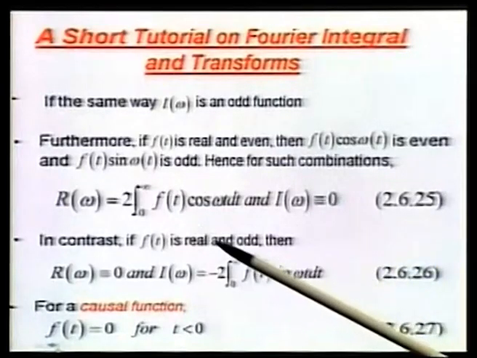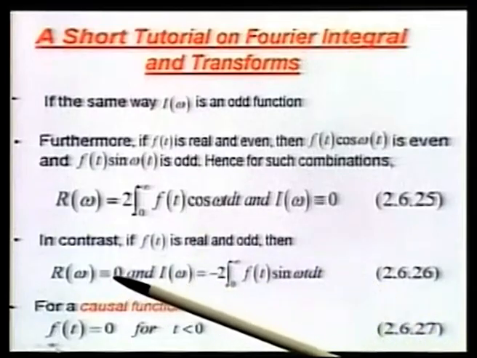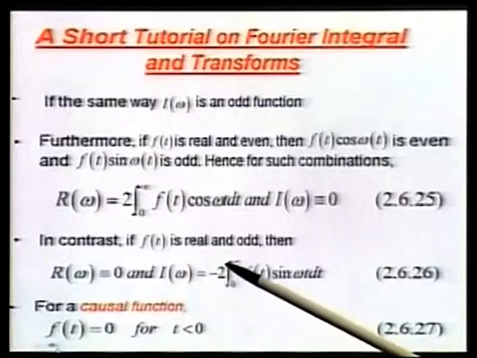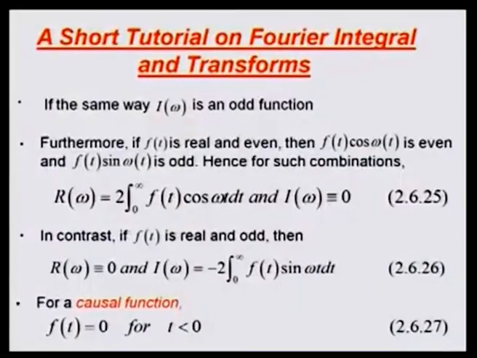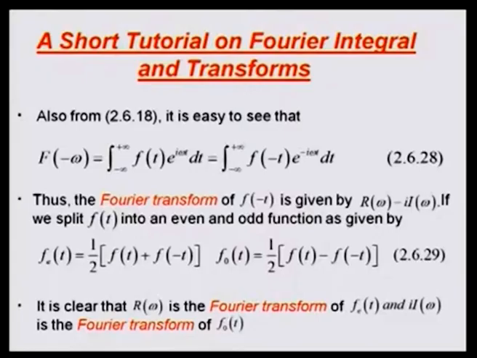In contrast, if f of t is real and odd, then I have the complementary picture: R of omega will be 0, and I of omega will be given in terms of this. Okay. And we talked about causality. A causal function is one that is equal to 0 for negative time. From a receptivity point of view, this makes tremendous sense. If I have not started the experiment, the past cannot dictate what is going to happen in future. Okay.